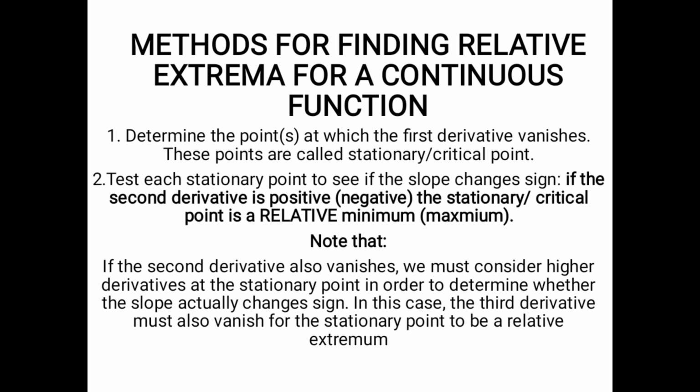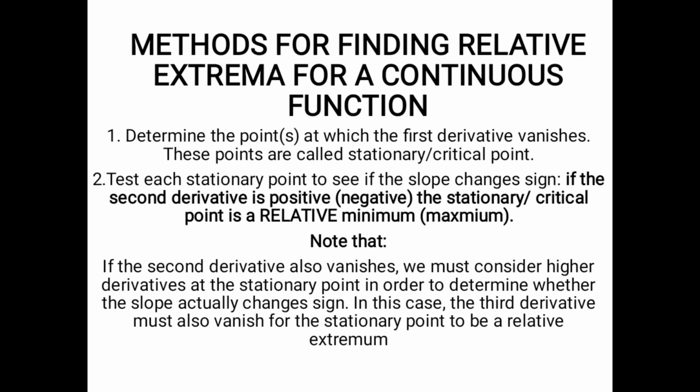Determine the values at which the first derivative vanishes. These points are called stationary or critical points. Method 2. Test each stationary point to see if the slope changes sign.